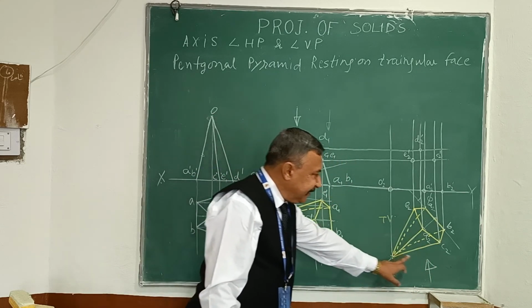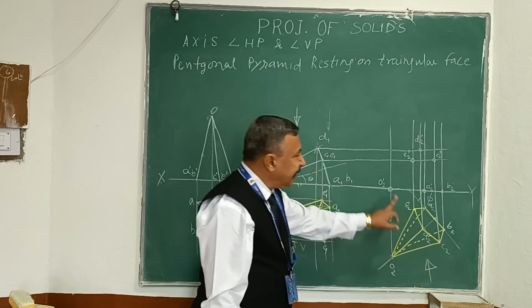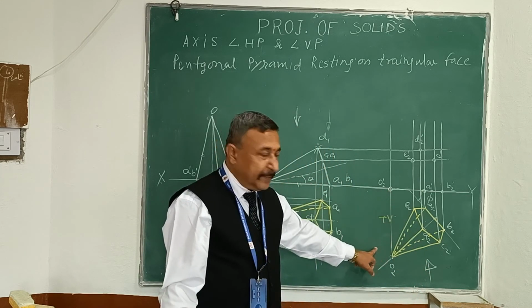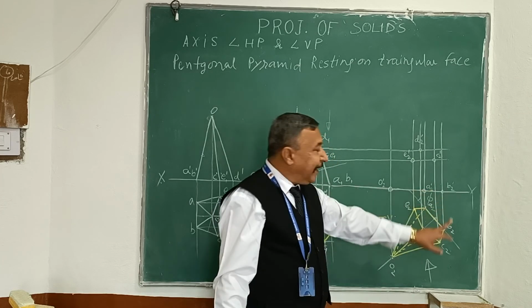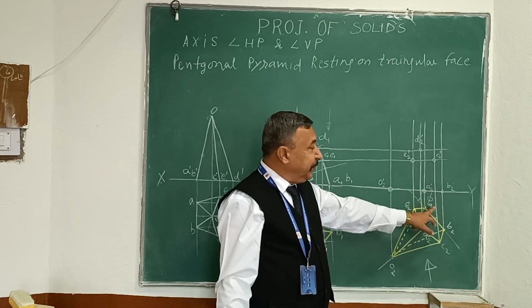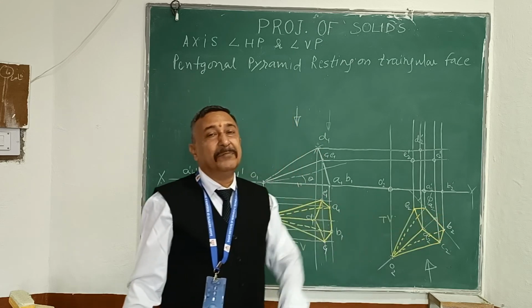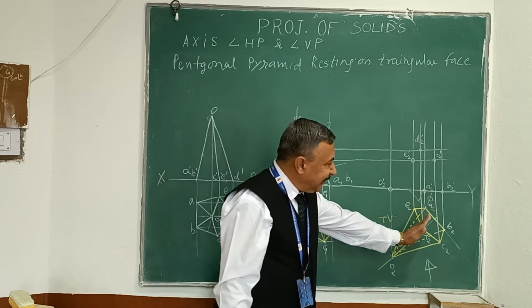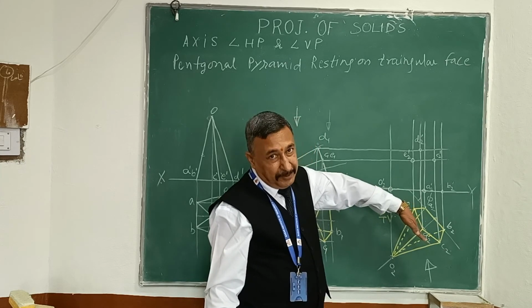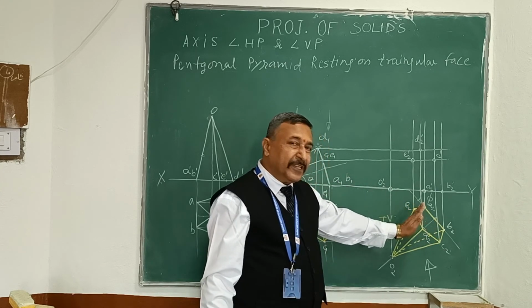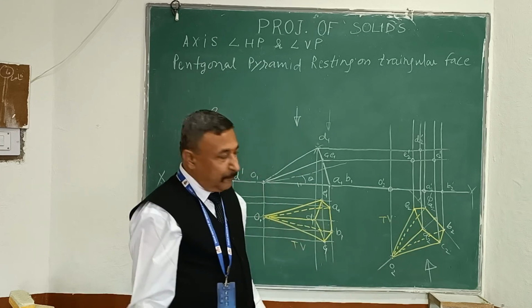If the apex is nearer to the observer, it means away from the reference line, which means this base is nearer to the reference line and away from the observer, so this base is not visible. If the base is towards the observer, then it is visible. If it is away from the observer, it is not visible.